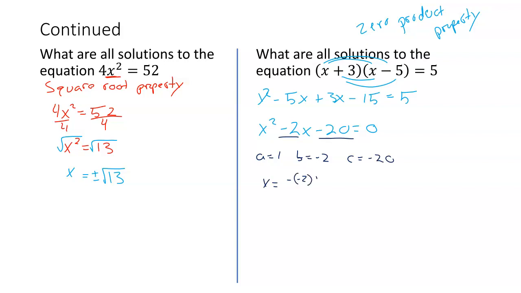Negative b plus or minus the square root of b squared minus 4ac over 2a. And then we want to simplify that up.